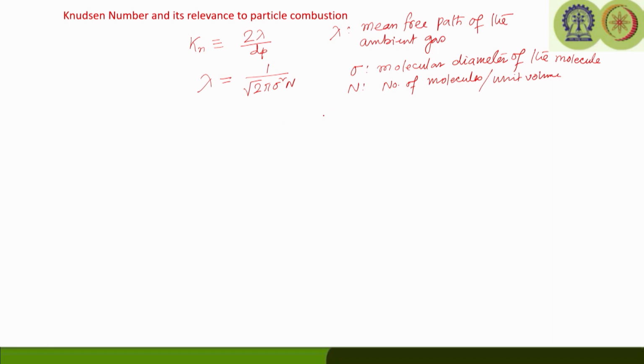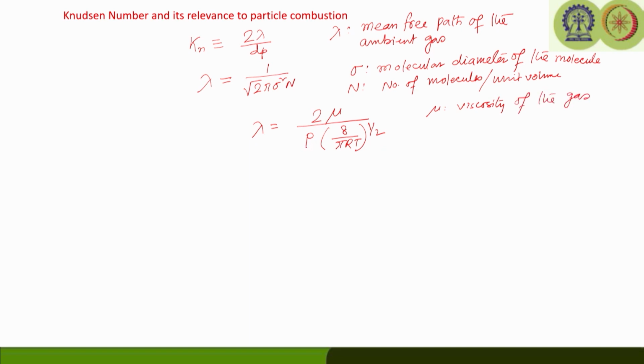From kinetic theory we can also write lambda as 2 mu by p into (8 by pi R T) to the power half, where mu is the viscosity of the gas and p is the pressure.